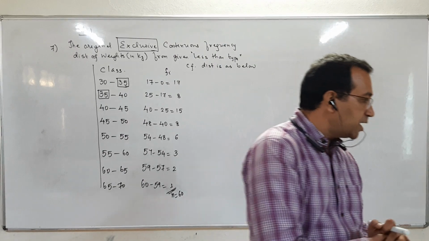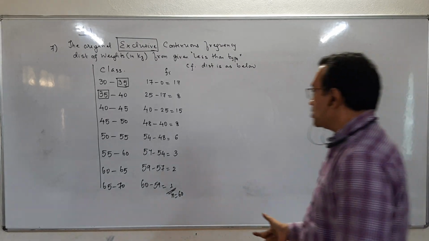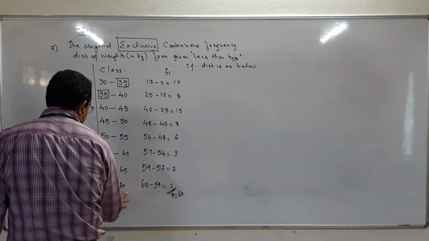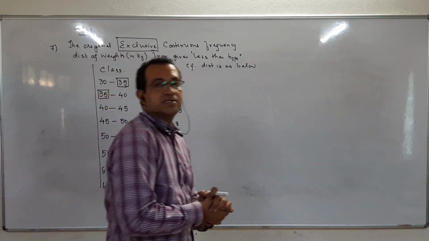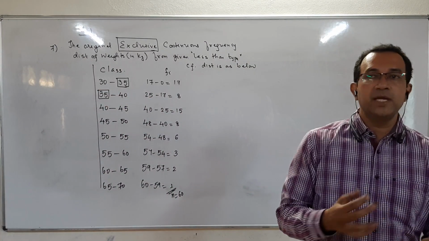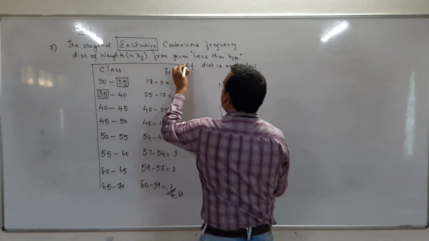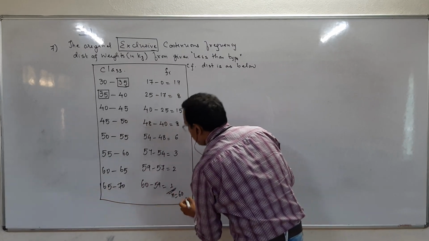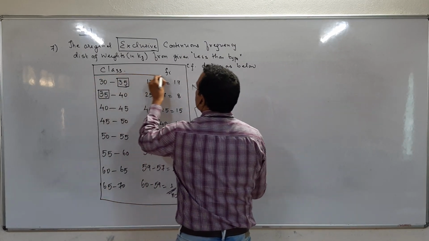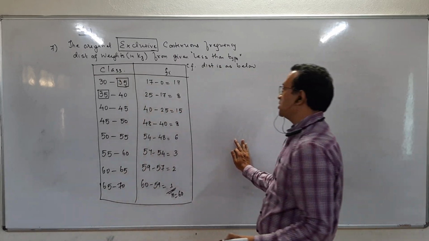And where the cumulative frequency is maximum, that becomes the upper limit of the last class. So the upper limit of the last class is 70 and the lower limit of the first class is 30. This is the main point. And if I complete the box, this is our final frequency distribution, of which the cumulative frequency distribution is already given in the table.